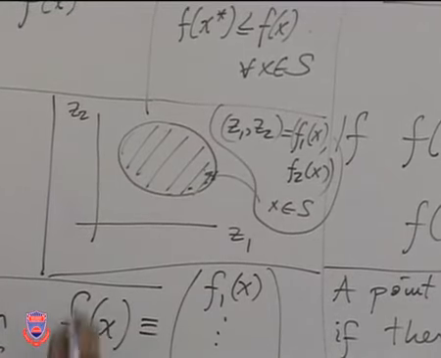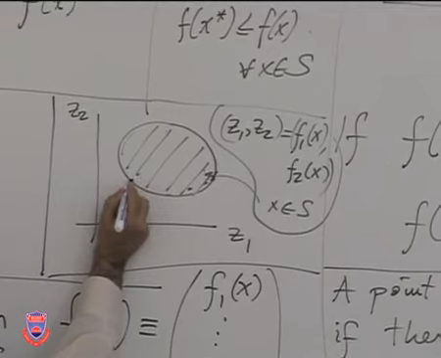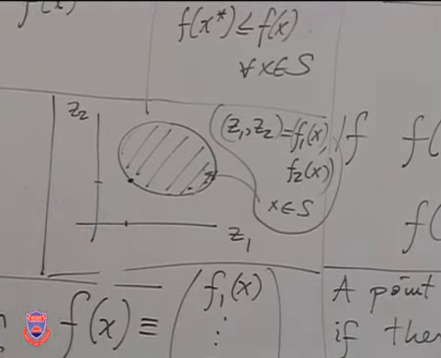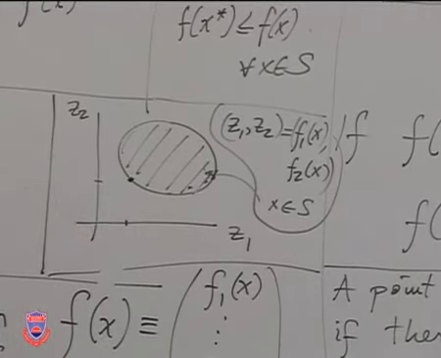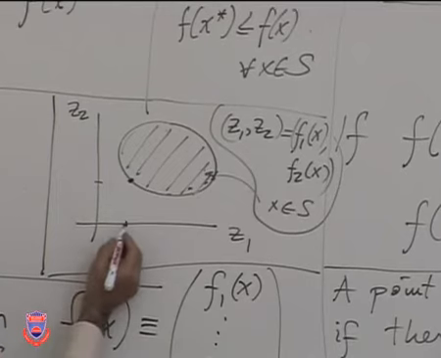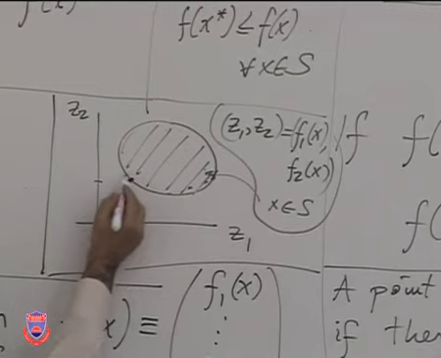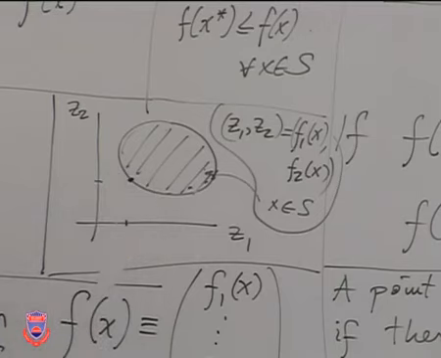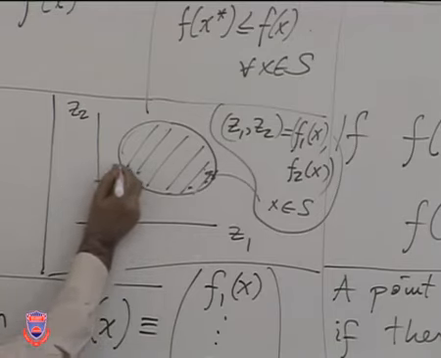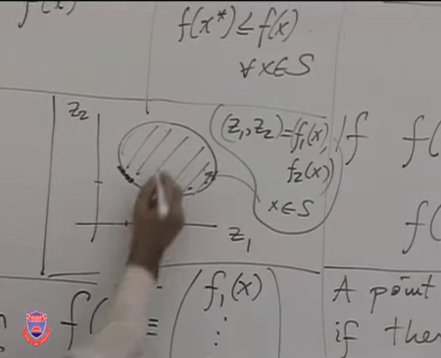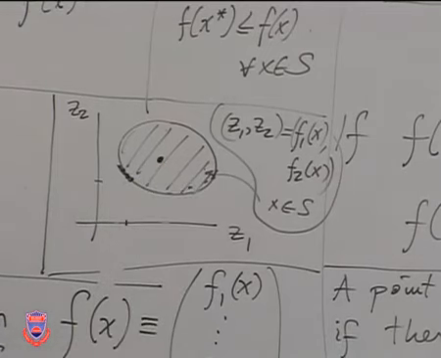Now, when you look at a particular x point whose z1, z2 value happens to be this, this point is good. Because if you wanted to decrease the z1 value, you have to go this way, but then you're necessarily increasing the z2 value. Let me take an easier case. Look at this one, for example. This one is not an efficient point. Why?